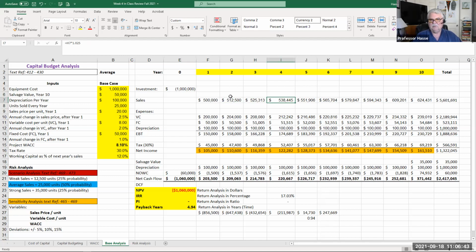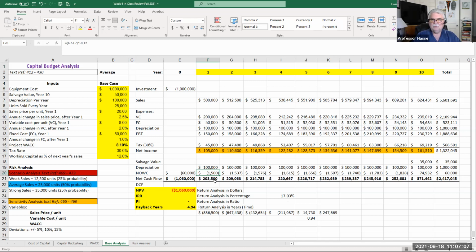So notice how I calculate working capital in year 1. I take the delta between year 2 and year 1 revenue, which is $12,500, and take 12% of that. Here's the formula: year 2 minus year 1 times 12%. So an additional $1,500 of working capital is going to be outlaid in year 1 to maintain this investment.